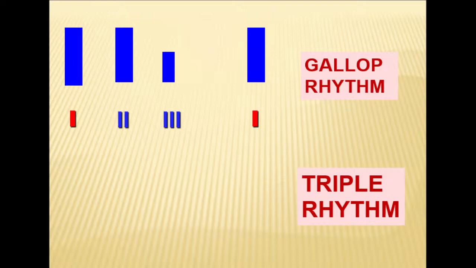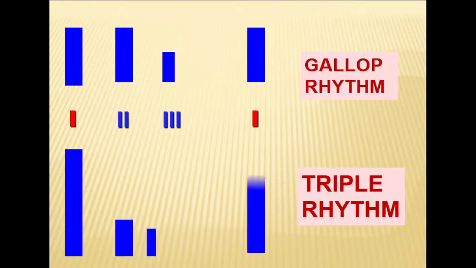Triple rhythm is characterized by an increased first sound because of non-adequate filling of the left ventricle of the patient with mitral stenosis, with the process of opening the mitral valve.